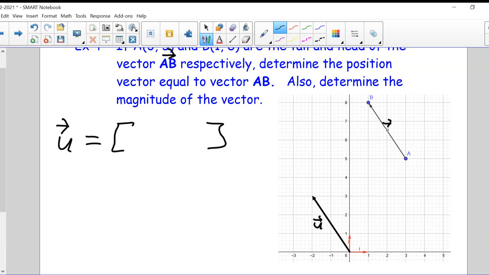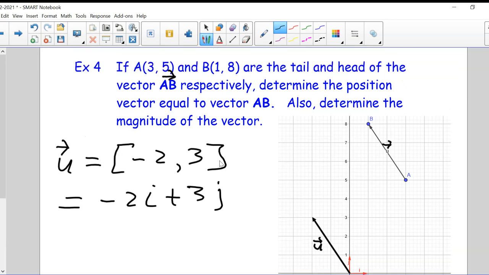Can anybody give me the components of that position vector? Okay, so Sarah is saying minus, and Ashwin is saying the same thing. So it's minus 2 and positive 3, and that could be written in terms of its components as minus 2i plus 3j.